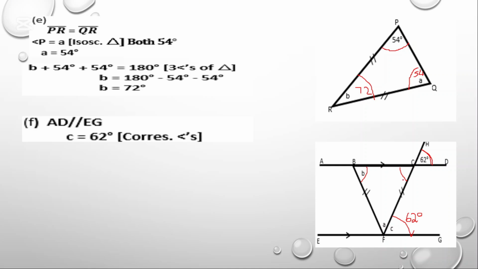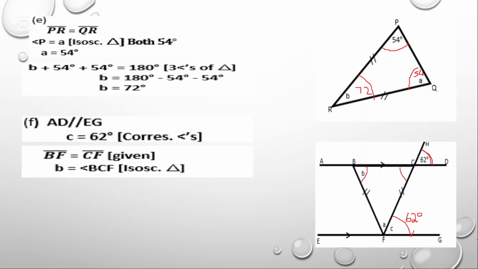So this angle and that angle must be the same. They are alternate angles. Can you see there? Opposite sides of the transversal in between the two parallel lines. Okay, they have here B is equal to BCF. B is equal and that one is equal.